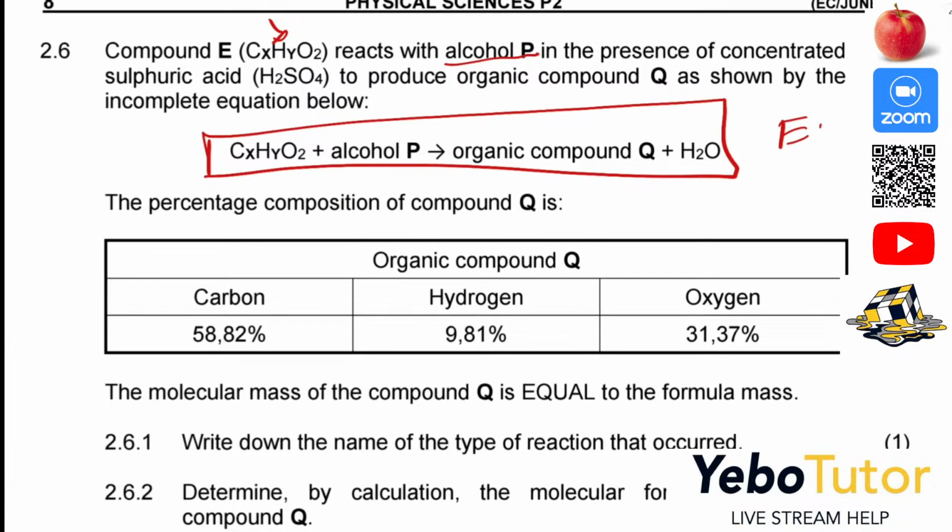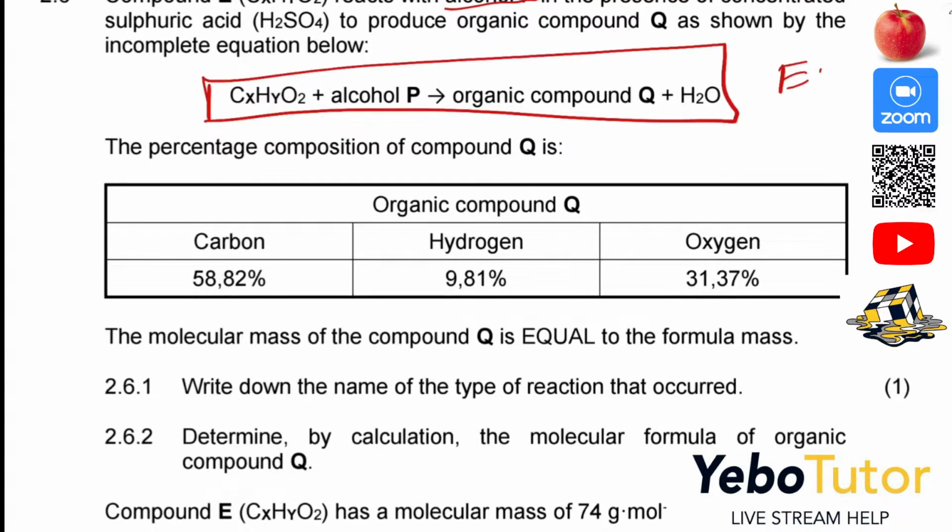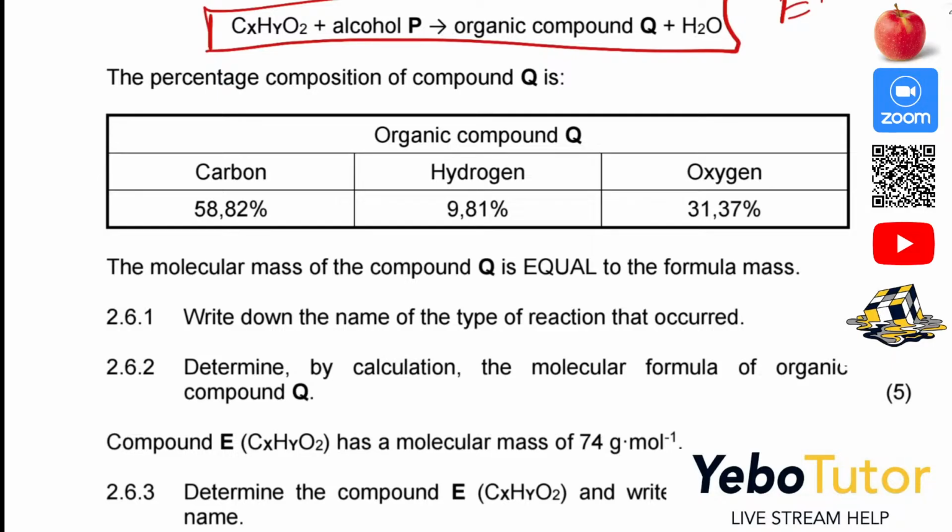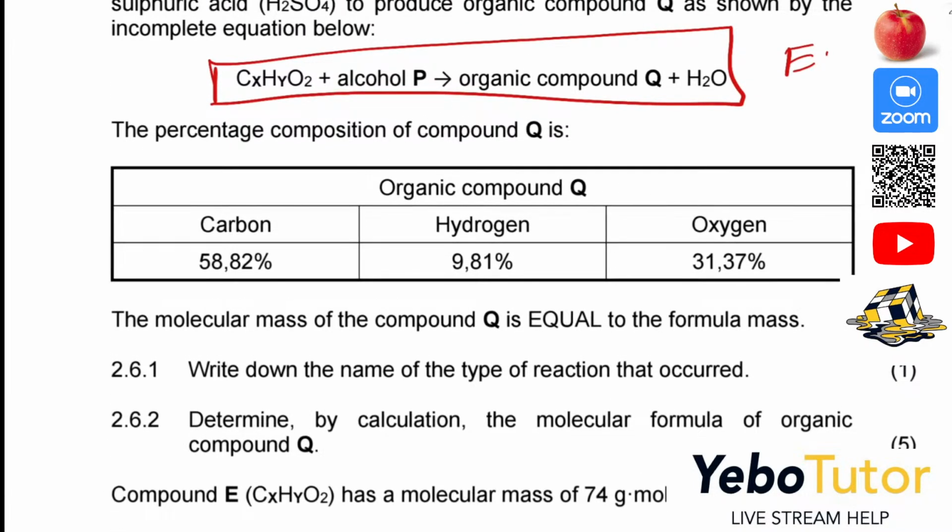Now they say that the percentage composition of compound Q is, for carbon, 58.82%, for hydrogen 9.81%, and the rest oxygen. The molar mass of compound Q is equal to the formula mass. Write down the name of the type of reaction. As I said, this is esterification, because you can see that we are reacting a carboxylic acid with an alcohol in the presence of concentrated sulfuric acid.